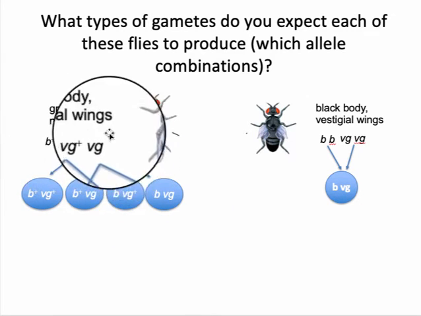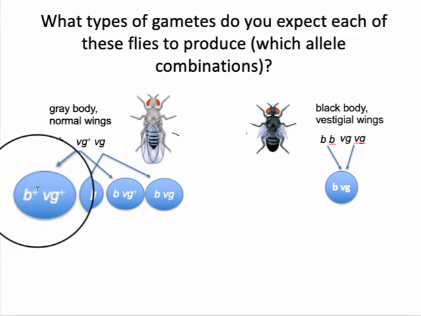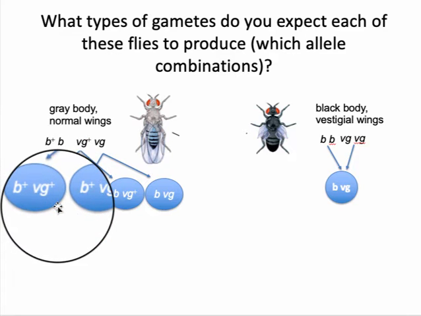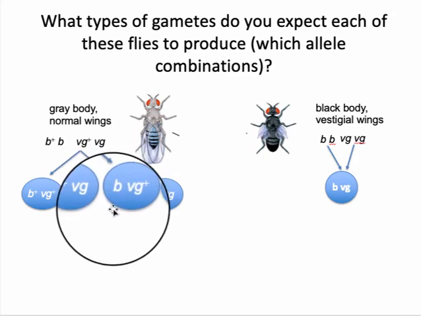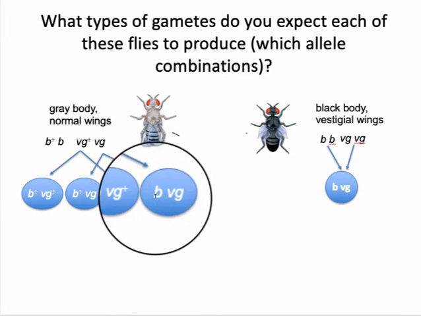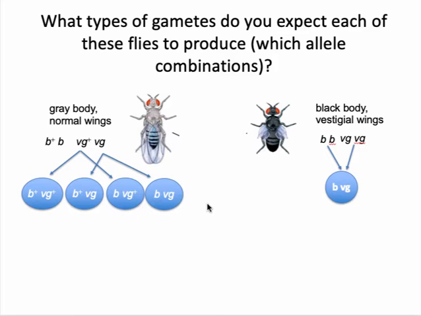Since this fly is also heterozygous for VG, you can have gametes that have the B plus allele and the VG plus allele, or the B plus allele and the recessive VG, or they can have the recessive B with the dominant VG plus allele, or the recessive B allele with the recessive VG allele. So we have 4 different combinations of gametes that this heterozygous fly could be producing.